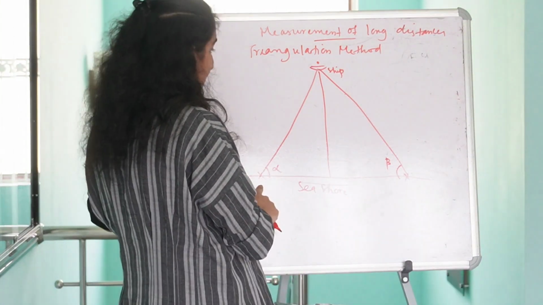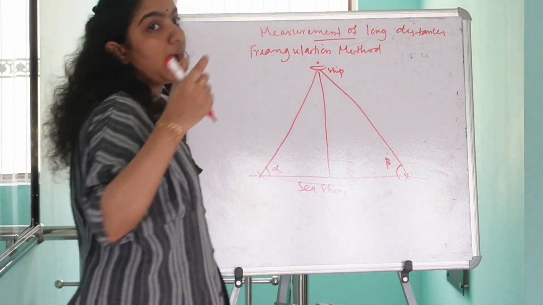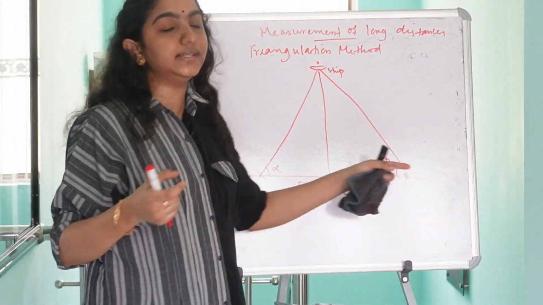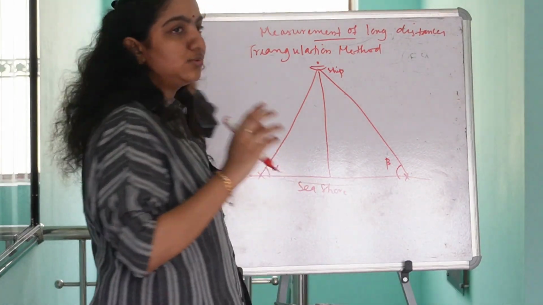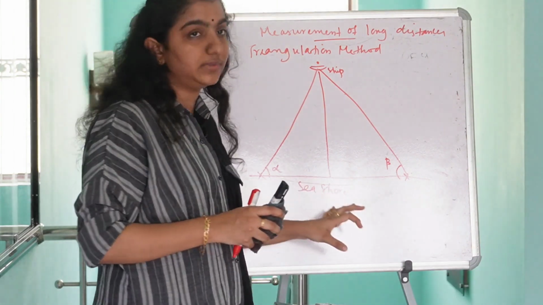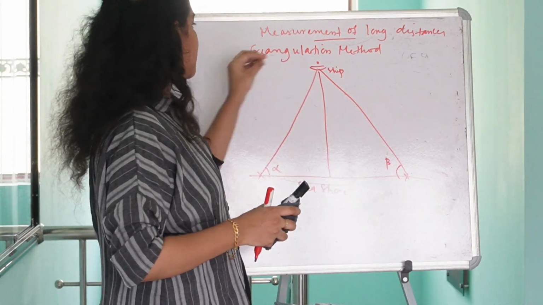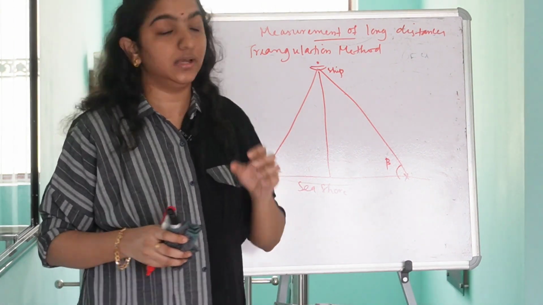And I am viewing the ship from these 2 points at some angle. Let it be alpha and beta. And by using these angular measurements, I am finding the distance to the ship from the seashore. And this procedure or this method is known as triangulation method.